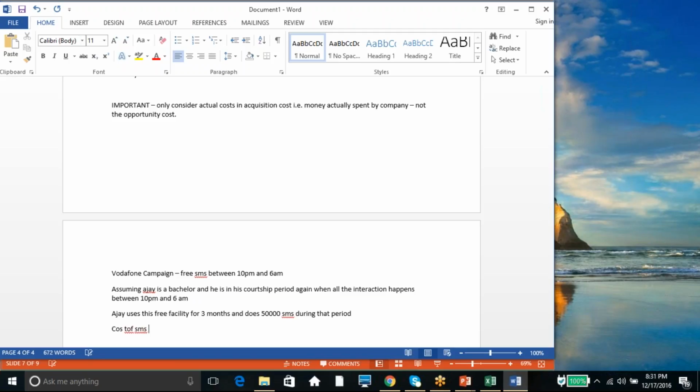Cost of SMS to customer by company is 1 rupee. So did the company spend 50,000 rupees in getting Ajay on board?